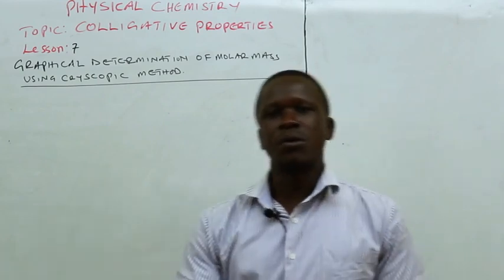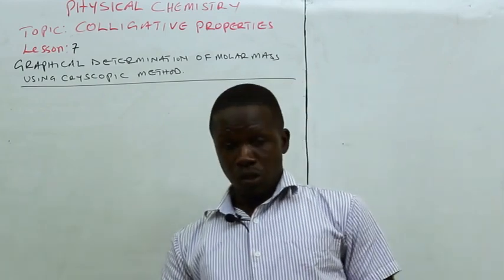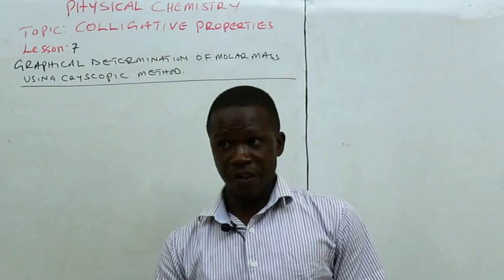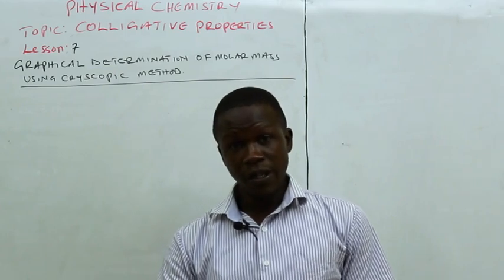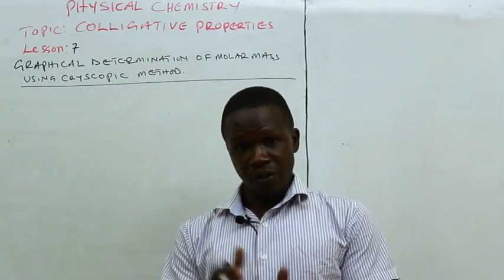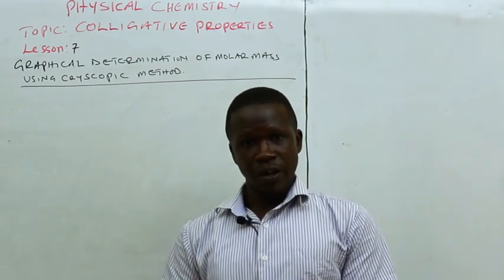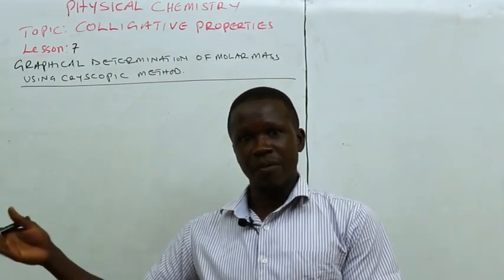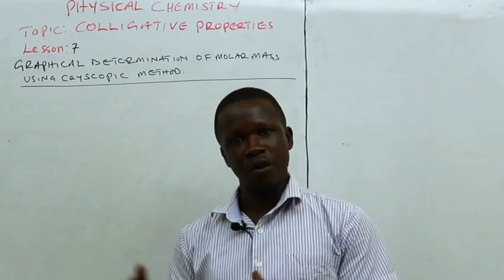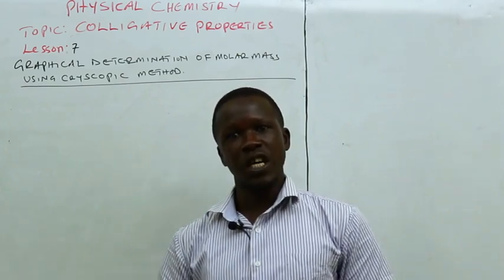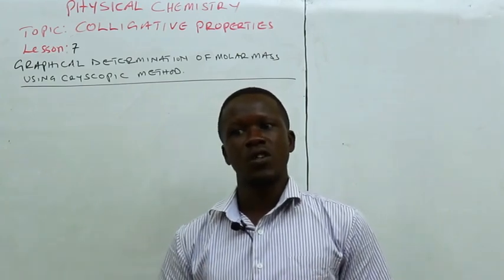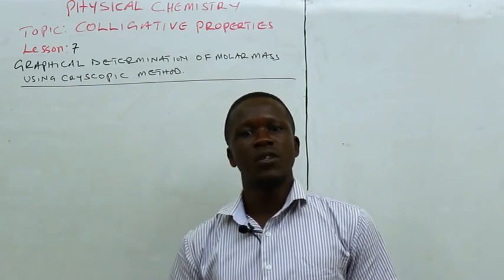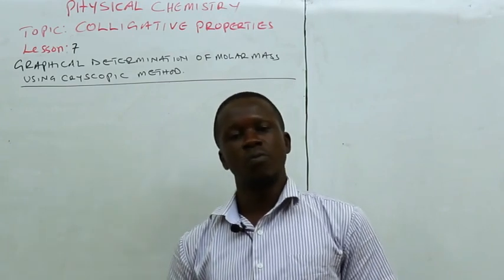So someone could tell you to vary the mass of the solute. You keep on adding different masses of the solute to a given amount of the solvent. So meaning that you will carry out more than one experiment, you get many values, and those values can be used to plot a graph.